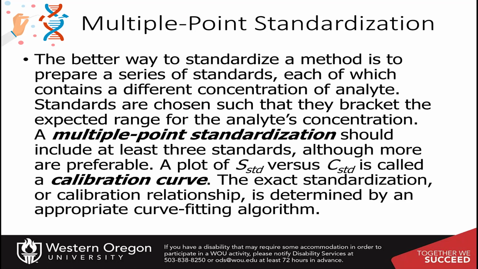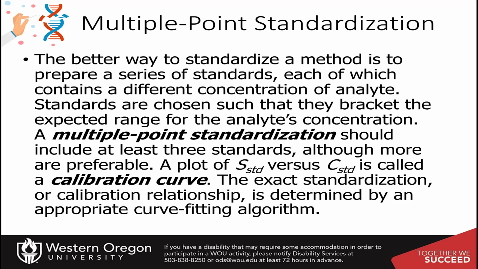Okay, so in addition to having a single point standard, you can do multiple point standardizations, and there's a couple ways that you can do this. We'll be doing this first way in class this week. So a better way then is to prepare a series of standards that contain different concentrations of the analyte, and the standards are chosen such that they bracket the expected range for the analyte's concentration.